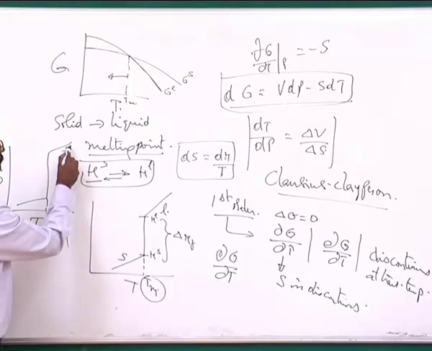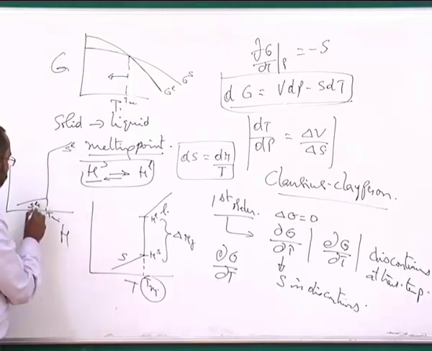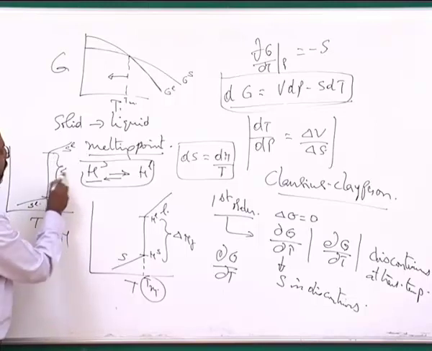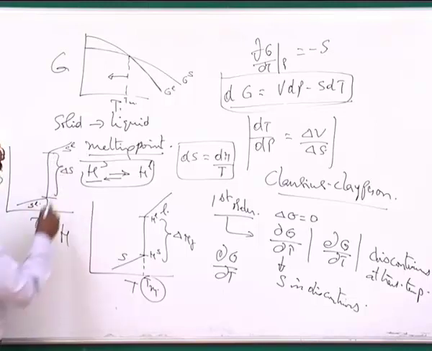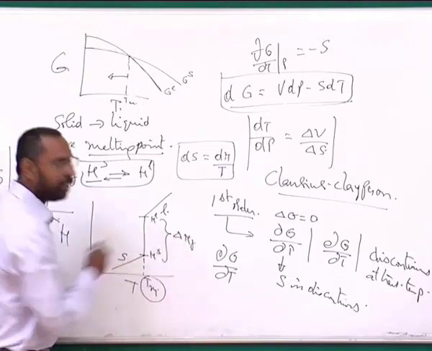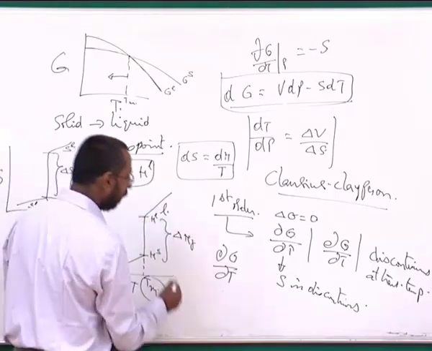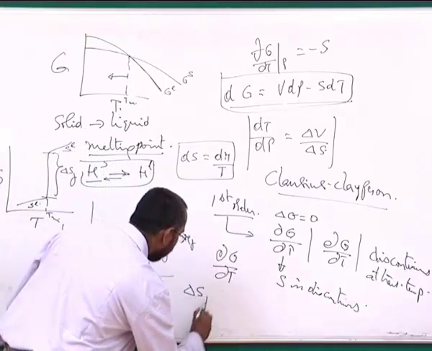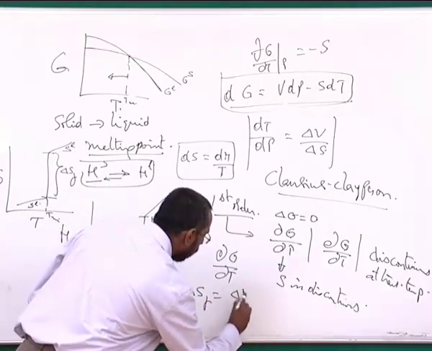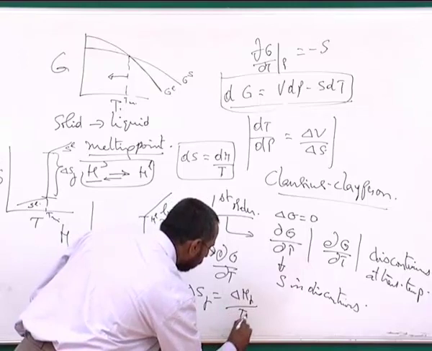So here this is the S of the liquid, here this is the S of the solid, and at the transformation temperature there is a delta S associated with this, and this is what we call delta S fusion. And this delta S fusion and delta H fusion are connected with each other in such a way that delta S fusion is equal to delta H fusion divided by the melting point.